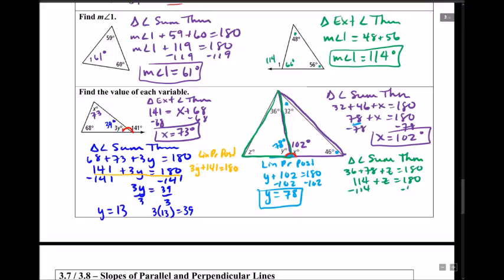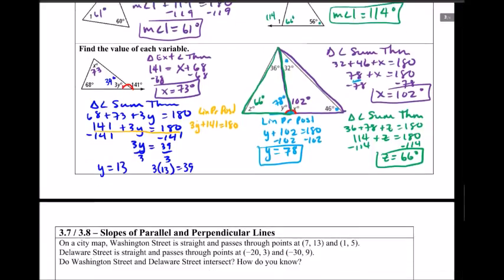Subtract 114 from both sides. Z equals 66 degrees. So I'm going to come in here and put 66 degrees there. And those look like pretty reasonable numbers. All right. I love the triangle angle sum theorem. It is a ton of fun.